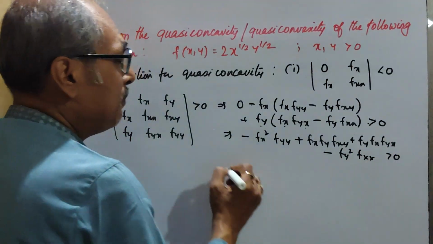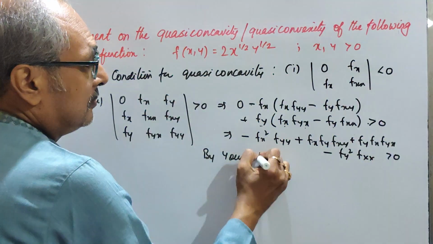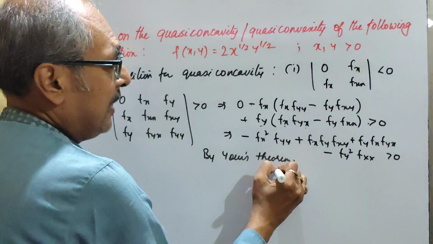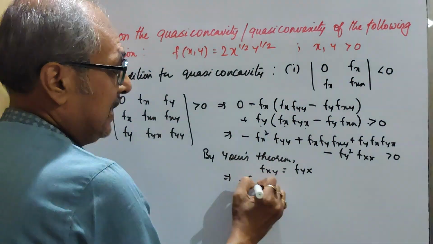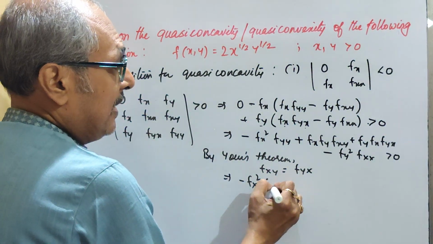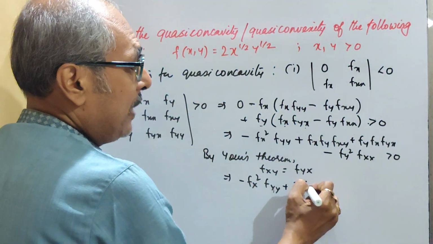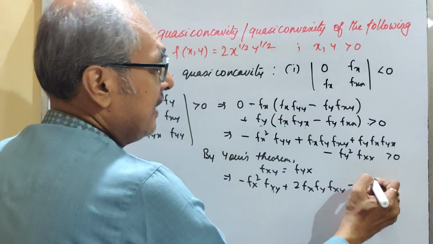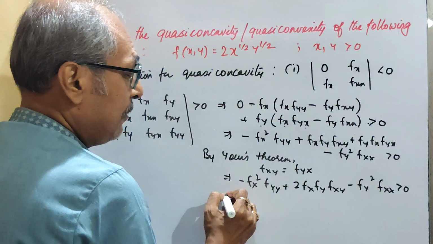This is positive. By Young's theorem, fxy equals fyx, this implies minus fx square fyy plus 2 fx fy fxy minus fy square fxx is positive.